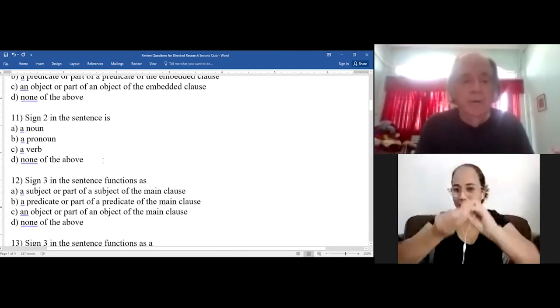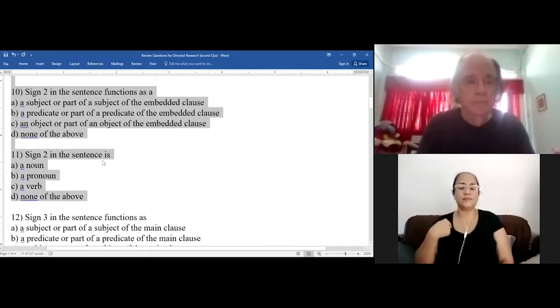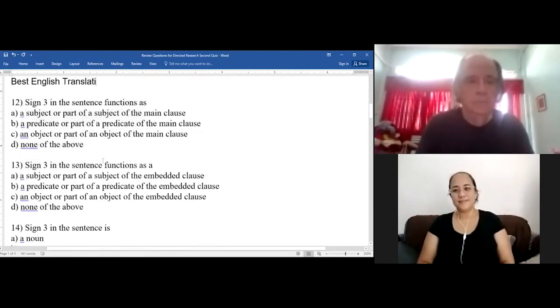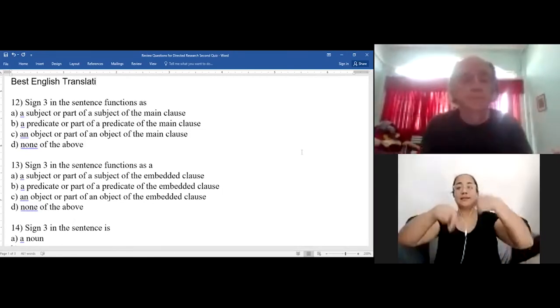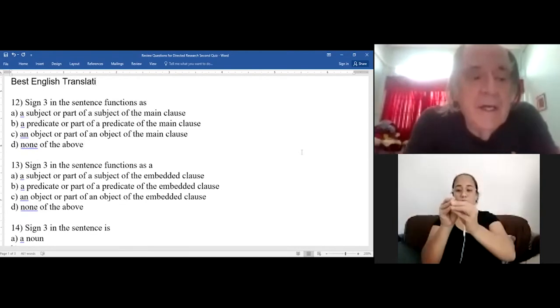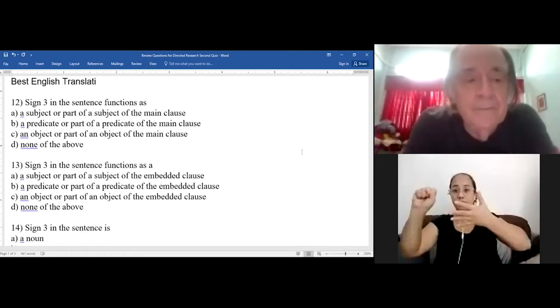Okay, so let me erase these here and go back up. Okay, sign 3 together in the sentence functions as A, a subject or part of the subject of the main clause.